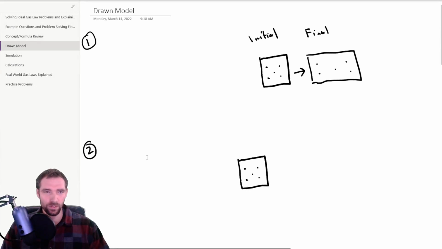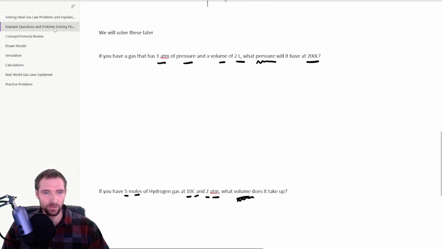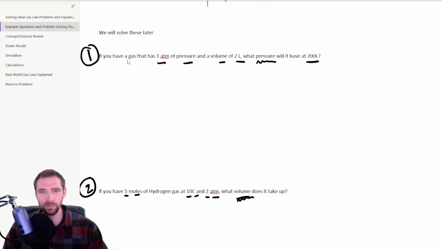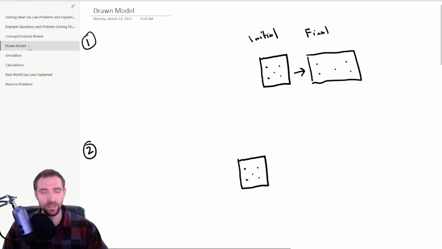So let's do some drawn models to understand what we're looking at in the two problems. We can call this problem number 1, and this is problem number 2. In problem number 1, it looks like we have some pressure and some volume. They want to know the pressure if we have a different volume. So we're relating pressures and volumes.